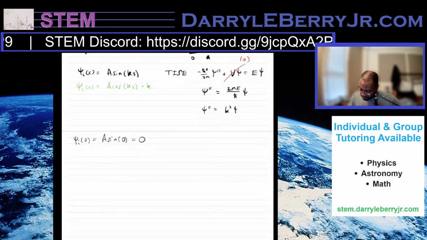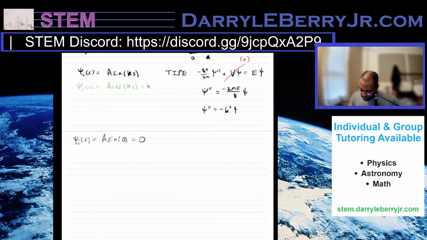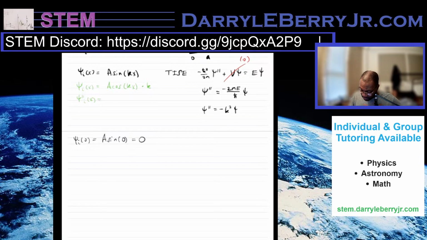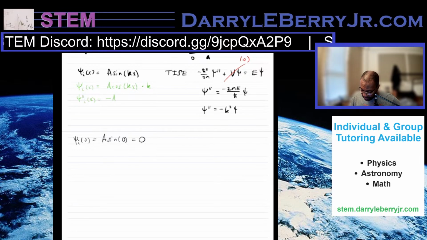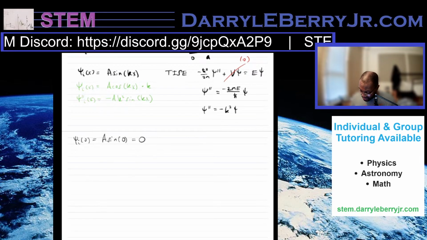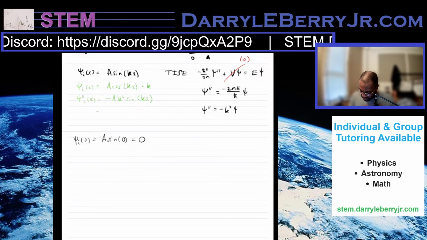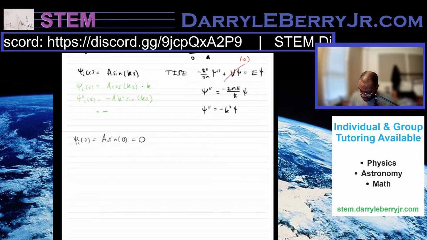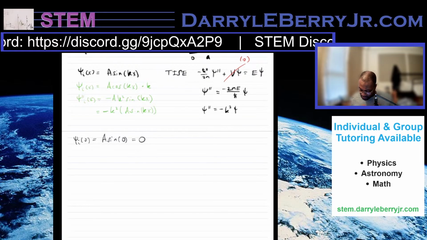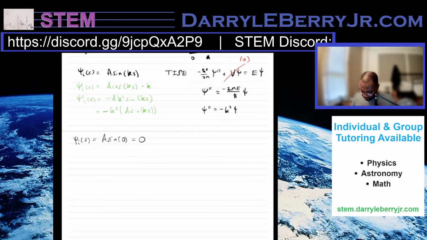And I dropped off my negative, just reminded me. And we have psi double prime of x equals negative A k squared sine kx. So this gives me my condition of giving me a psi with a negative. So basically I can say negative k squared A sine kx. So this follows the condition of giving me a negative k squared, giving me my psi back. So we know that works.